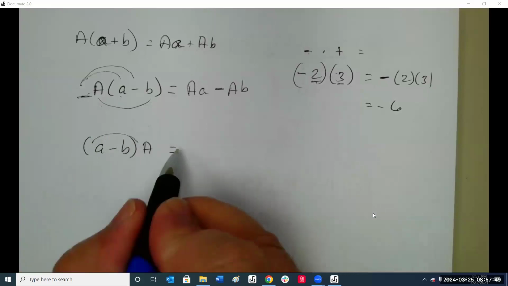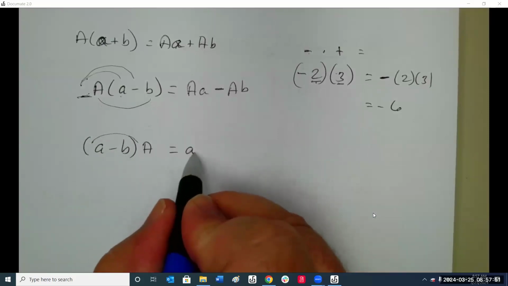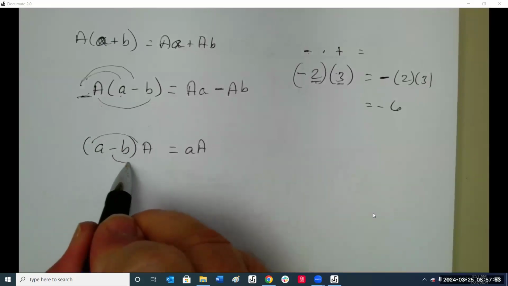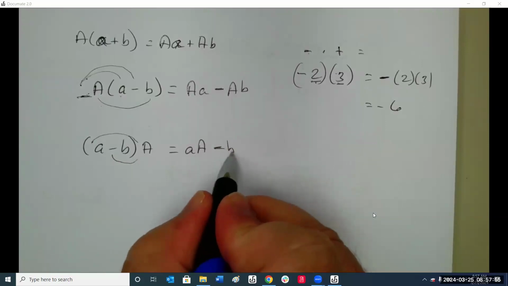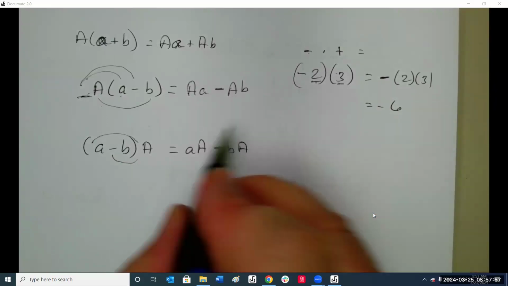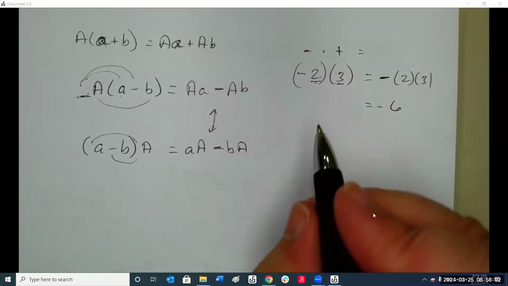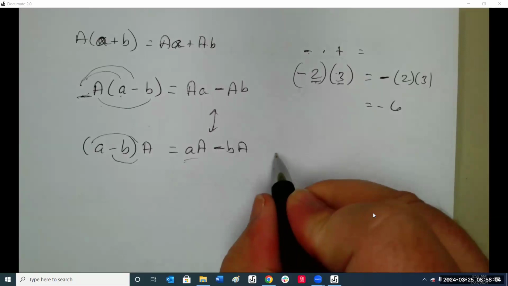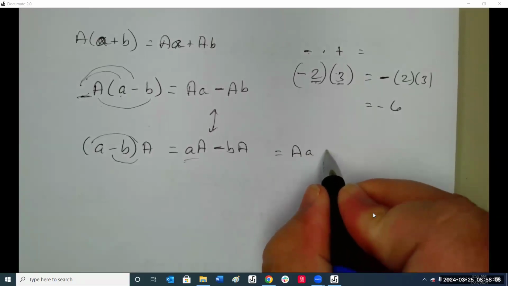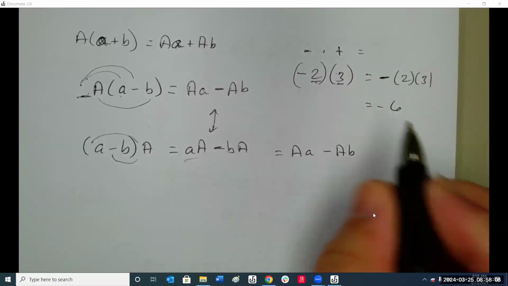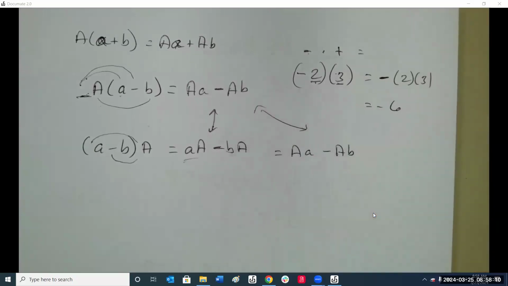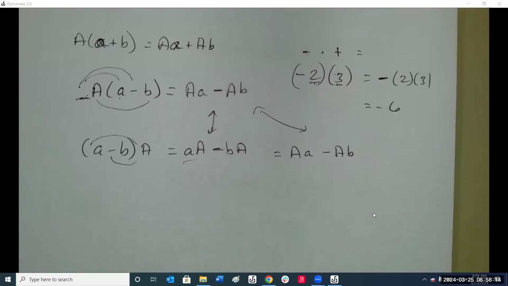So positive times positive is positive, A times A. Negative times positive is negative. These two are the same thing because of commutativity. I can move big A and little a. So now they're the same because of commutativity. That's right. The more you stress the rules, the easier math will be. And it's going to be a hard thing because kids hate to follow rules.